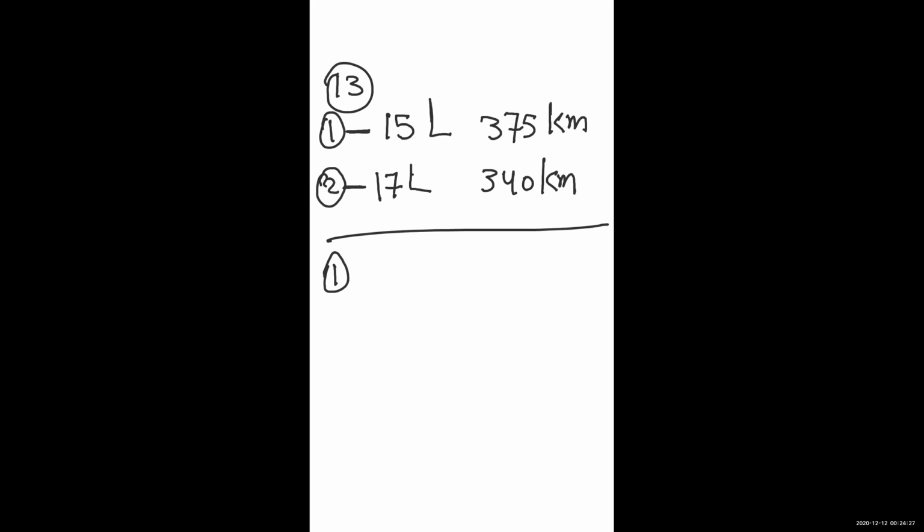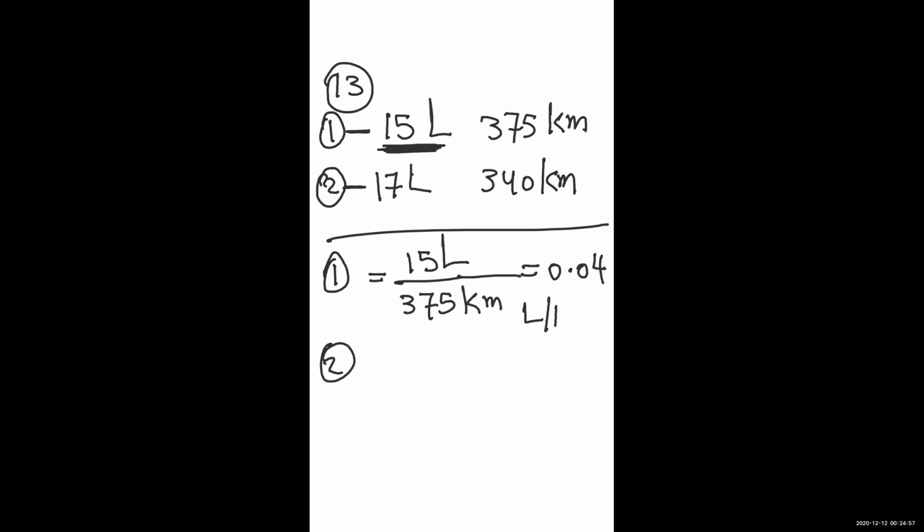The first car consumption is 15 liters over 375 kilometers, so it will equal 0.04 liters per kilometer.